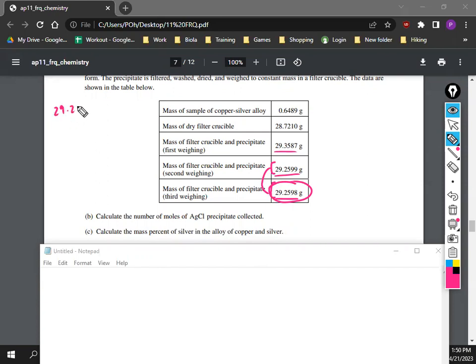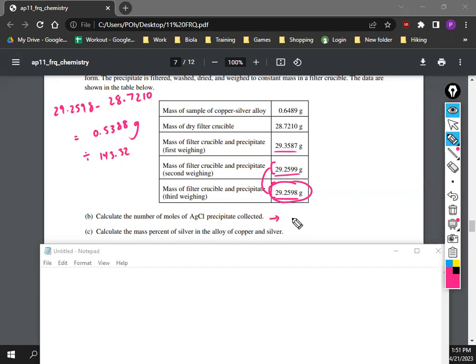So all you have to do is take this number, 29.2598, minus the filter paper. Where's the filter paper? Right there, 28.7210. That's going to give you a value of 0.5388 grams. And then you just divide by the molar mass of AgCl, 143.32.